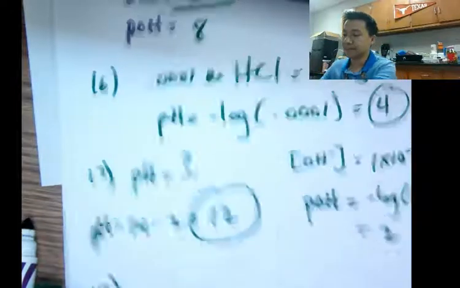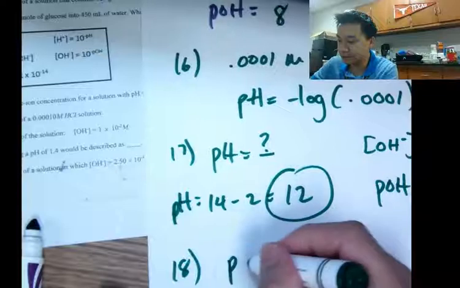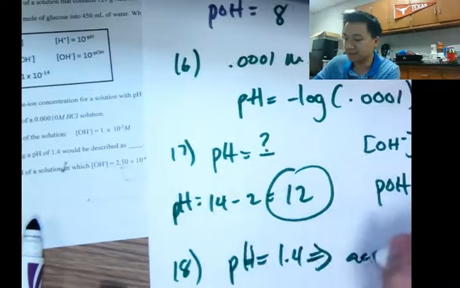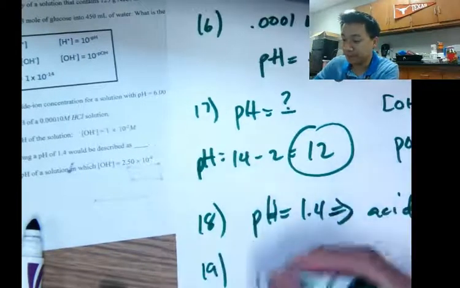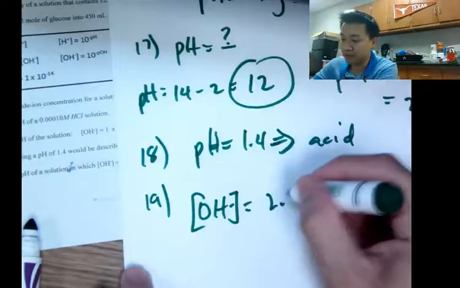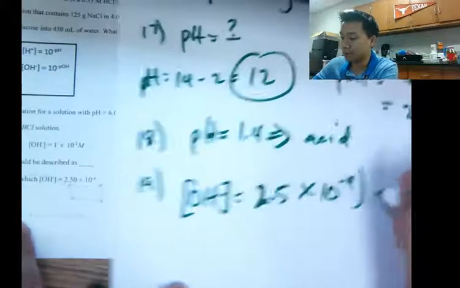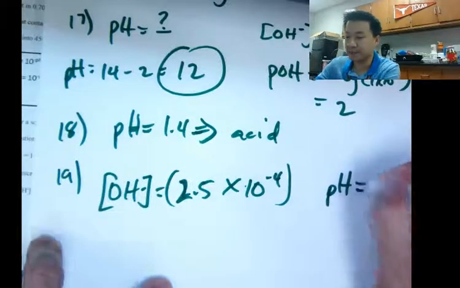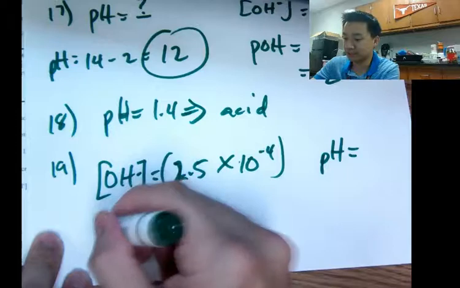18. pH 1.4 is acid. It's less than 7. 19. OH solution is equal to 2.5 times 10 to the negative 4. So if it wants the pH, do the pH by finding the POH first, because it's OH there.